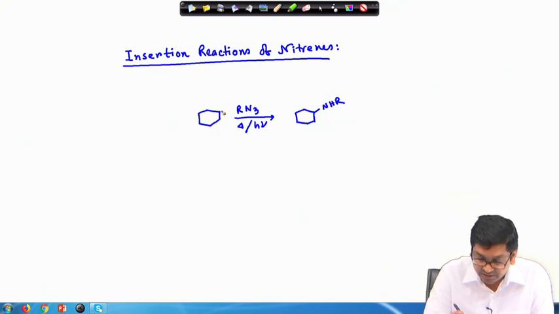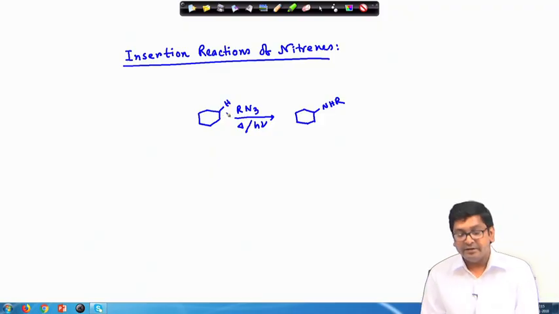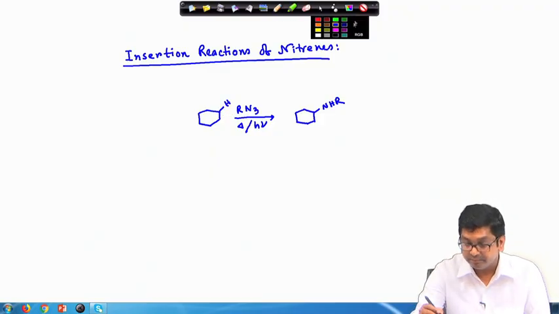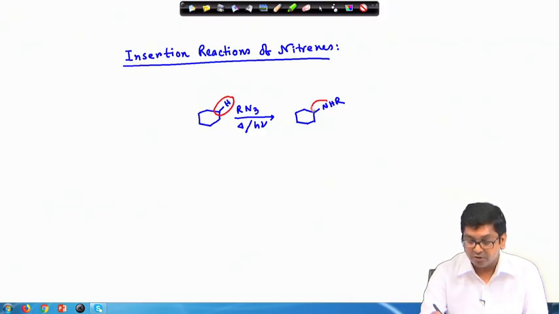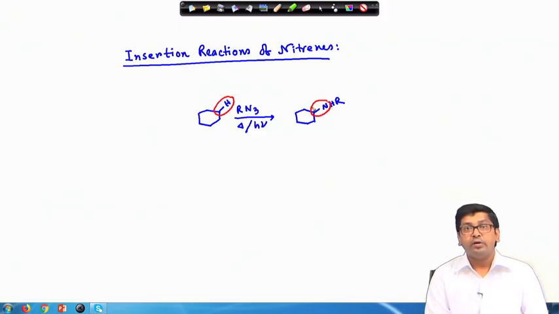If you see here, in between this carbon hydrogen bond, this carbon nitrogen bond has formed. So basically the nitrene got inserted into it.